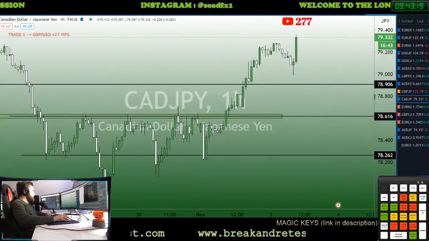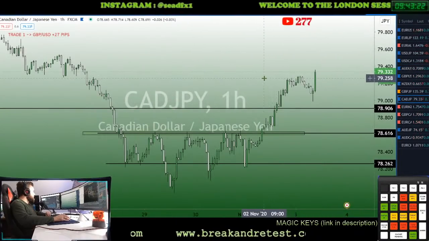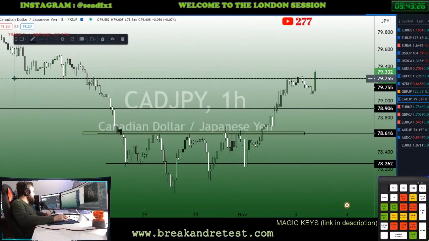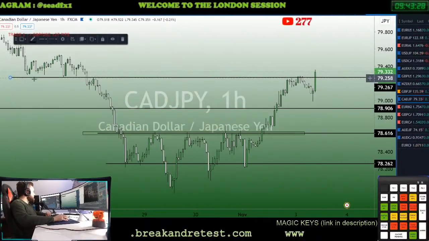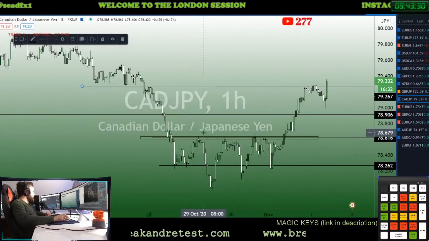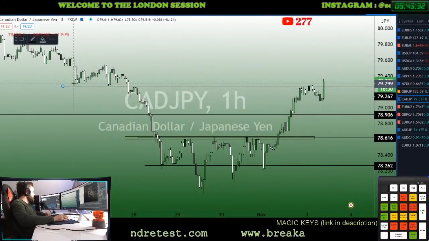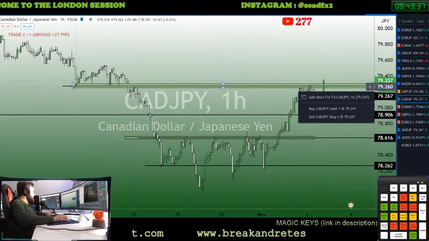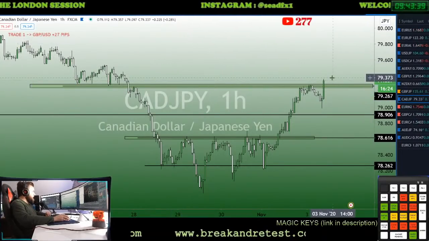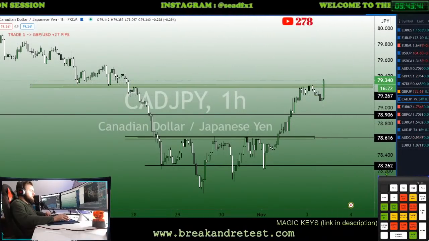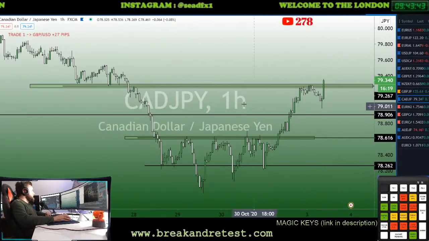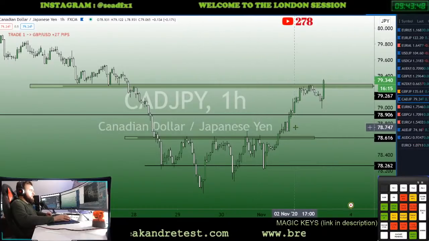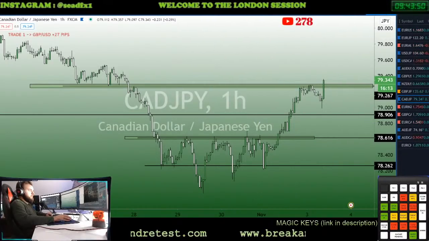CAD JPY breakout. Oh, looks like CAD JPY went all the way up. Yeah, looks like it did break another zone here. It didn't break actually, because it's not closed yet. But we'll see if it breaks. Even though I'm not gonna trade anything else today, probably.